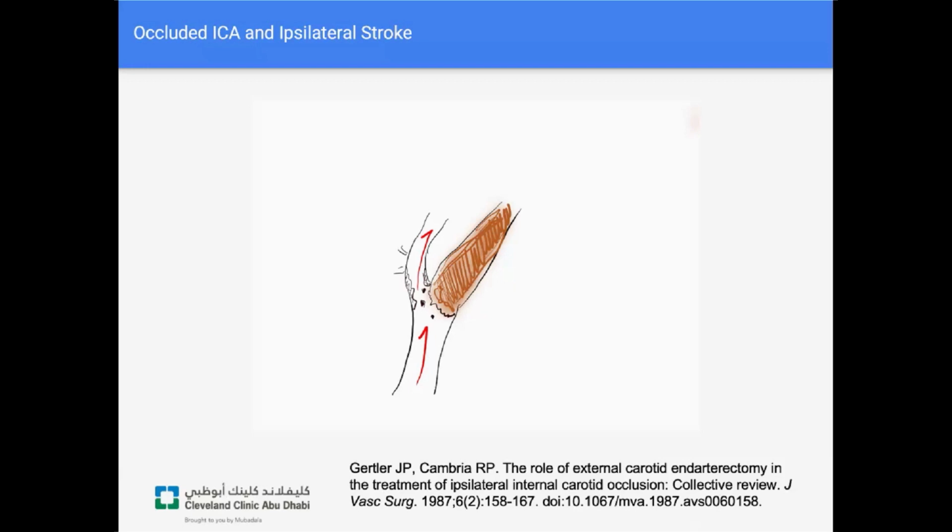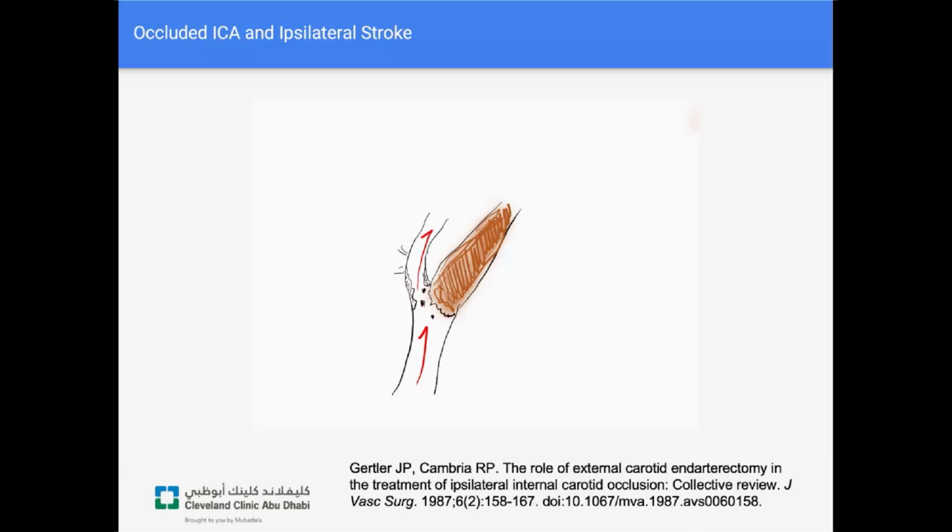Occasionally you get someone who will have embolic strokes ipsilateral to an occluded internal carotid artery. After you've carefully assessed to make sure that there isn't a string sign type narrowing of the internal carotid artery, you may find that in fact you have heavily diseased external carotid artery as well, and someone who's had a chronically occluded internal carotid artery.